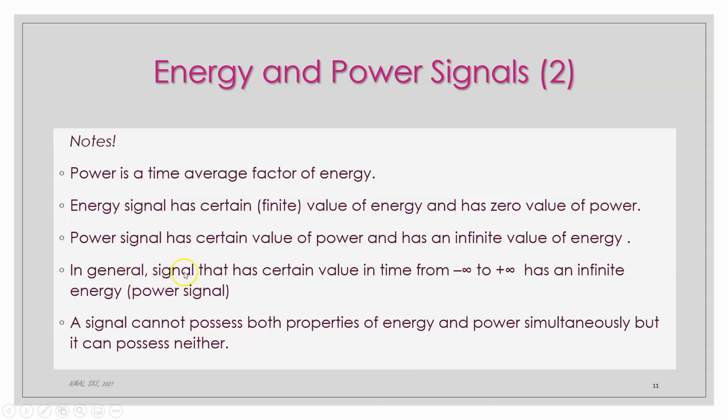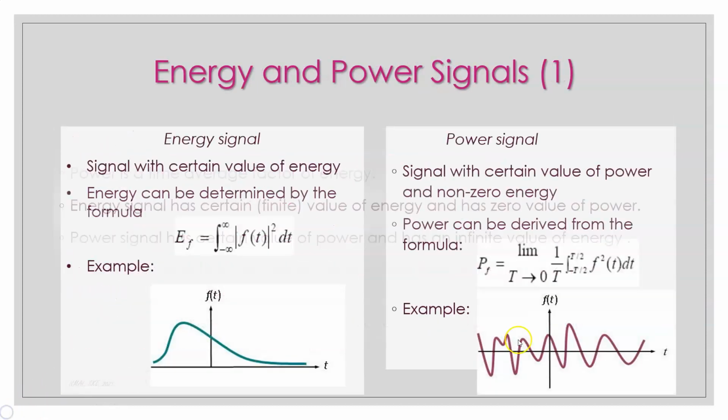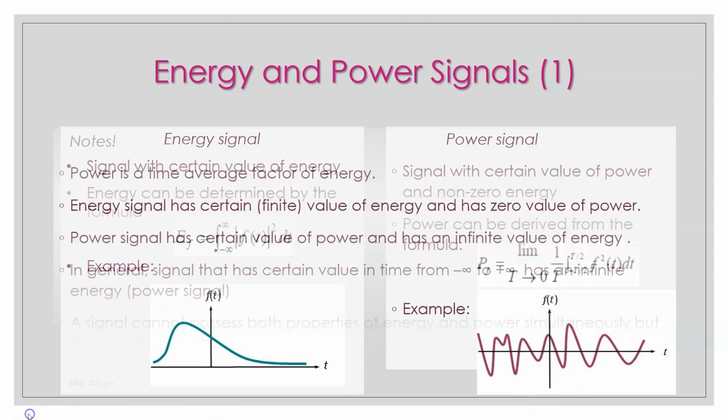And in general, the signal that has a certain value in time from negative infinity to positive infinity has infinite energy, and this is called power signal, because it has values in time from negative infinity to infinity. So this is what we call infinite energy or power signal. If you see the examples here, it always has values at every single time.